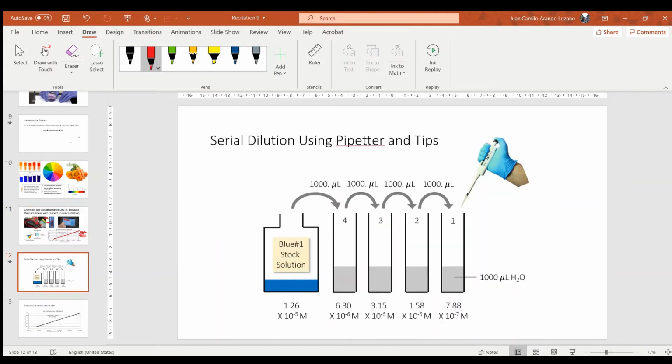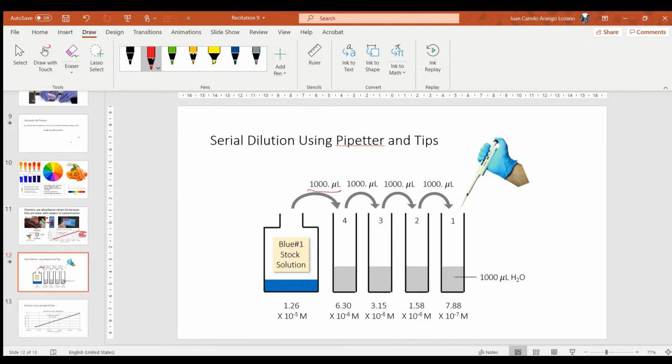Now, as I told you, you need to dilute your standard solution. What that means is that you will start with a stock solution of a dye, and then you will start micropipetting 1000 microliters, and you will start decreasing the concentration of your sample.